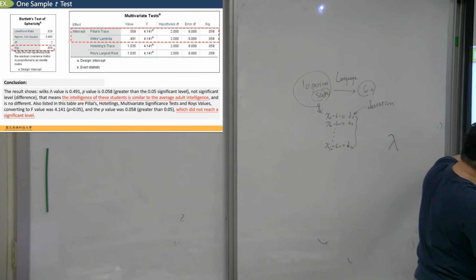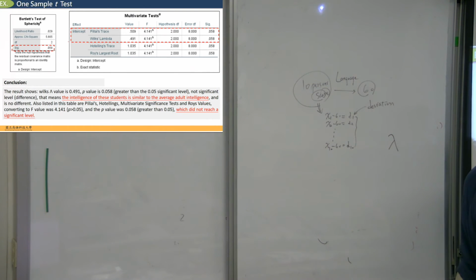The result shows Wilks' lambda is 0.491, okay, value here. And the F value is 4.141. P value is 0. This is the most important because it is larger than 0.05, okay, it's larger than the significance level. So what?